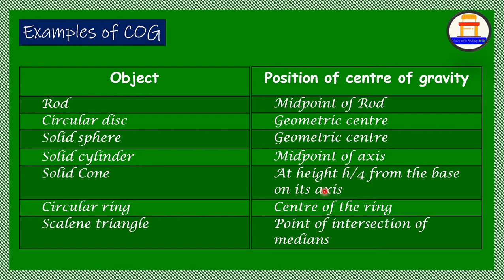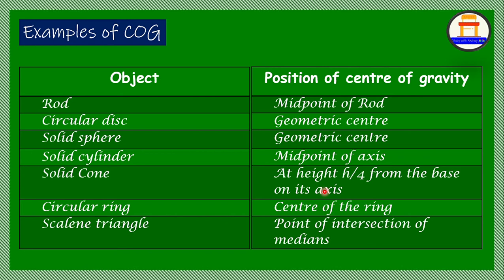Next is the scalene triangle. The center of gravity is at the point of intersection of medians. What are medians? We have all learned in mathematics geometry that a median is a line from a vertex that divides the opposite side into two equal parts.